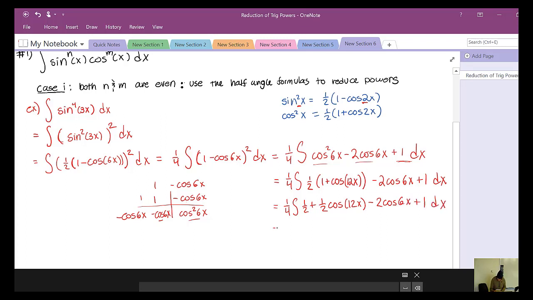And now we should be able to do these integrals by hand. What's the integral of 1/2? That's 1/2 x. Then we have 1/2 times the integral of cosine, which is always going to be positive sine, divided by the interior coefficient: sine of 12x over 12, minus 2 times sine of 6x over 6, plus x.